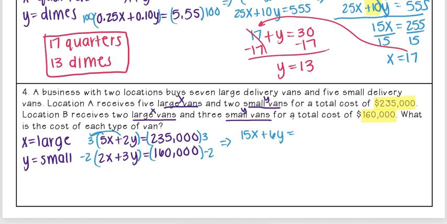And then 3 times 235,000, I get 705,000. Negative 2 times 2x is negative 4x. Negative 2 times 3y is minus 6y. And then negative 2 times 160,000 is negative 320,000.